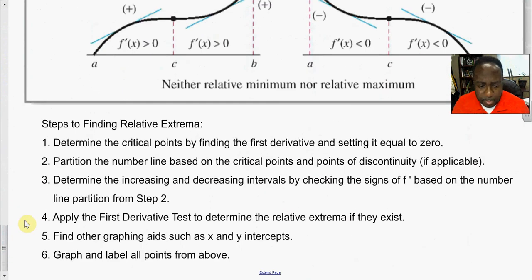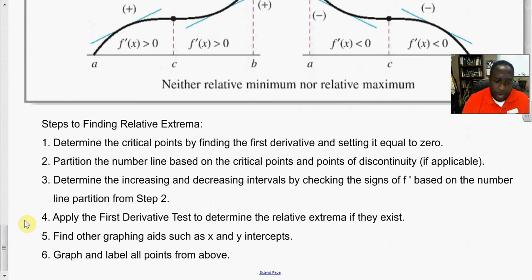Now here are some steps that I think are useful for determining the relative extrema. Determine the critical points by finding the first derivative and then setting the first derivative equal to 0. Partition the number line based on these critical values and the points at which the function is discontinuous.